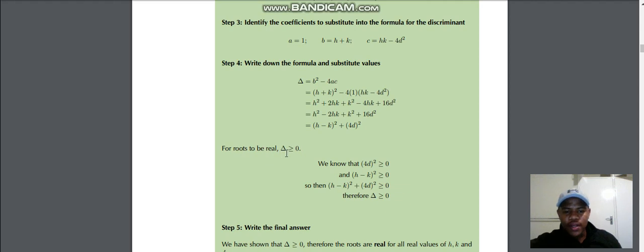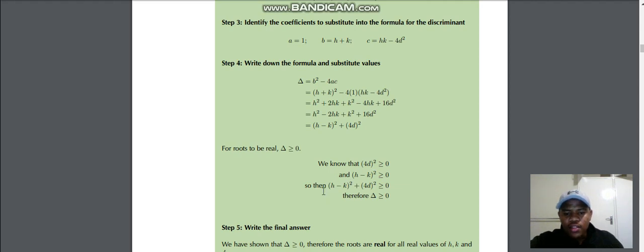For roots to be real, delta must be greater than 0. So we know that 4d² must be greater than 0. You're taking something and squaring it, so we know that it must be greater than 0. We also know that (h − k)² must be greater than 0. Guys, I've dealt with a problem similar to this with you. That's an important observation.